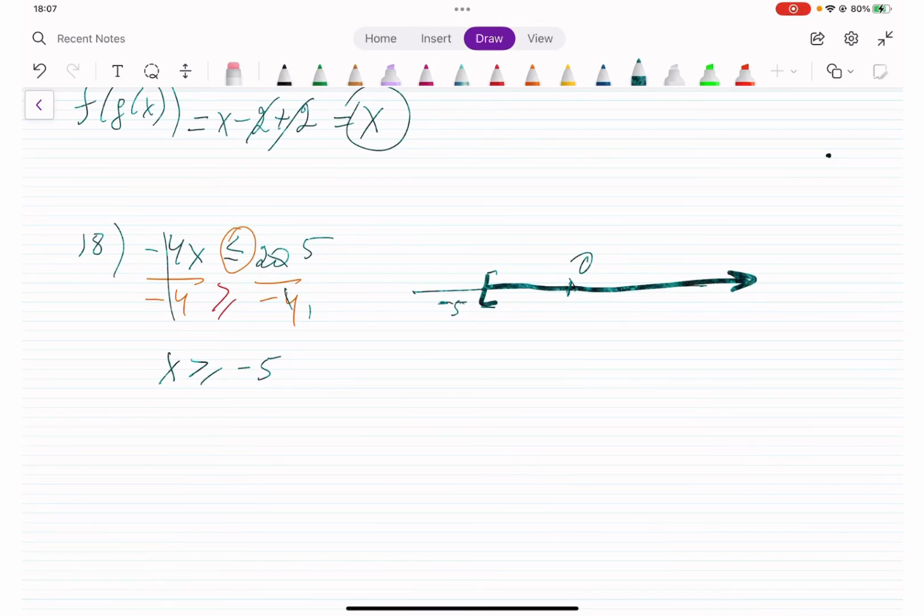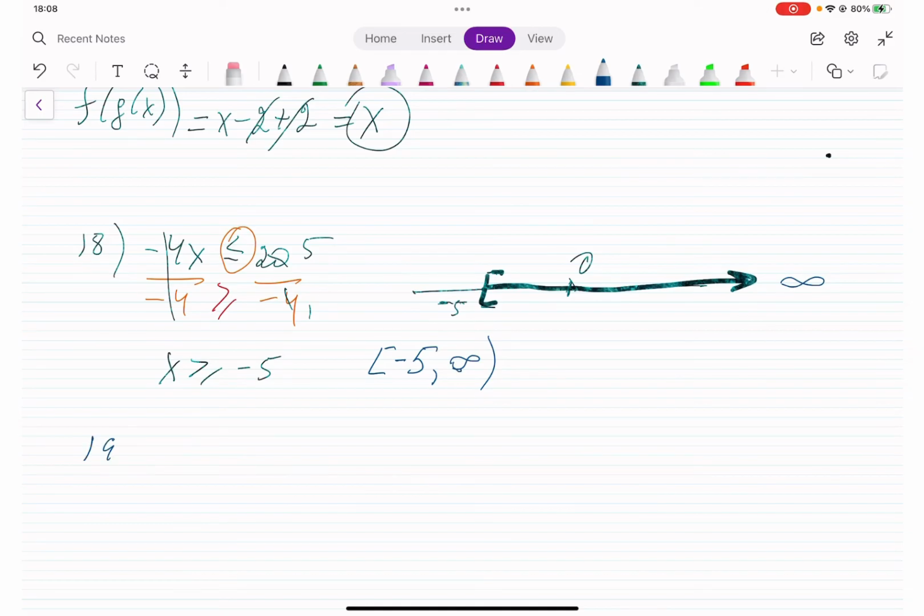If we write it in the format of interval, it's going to be negative 5 with a square bracket, meaning negative 5 is included, and positive infinity with parentheses. Infinity never has an end, that's why we put parentheses.